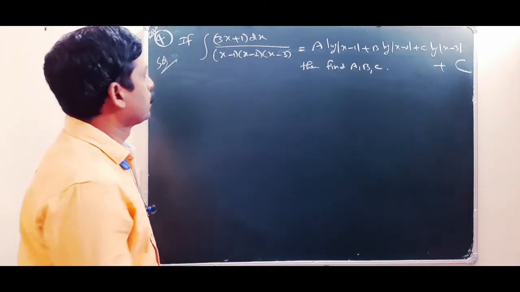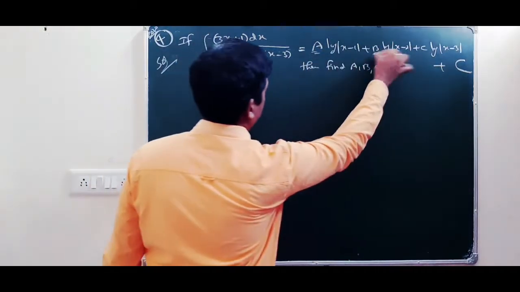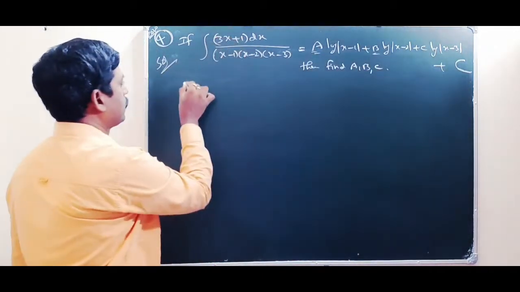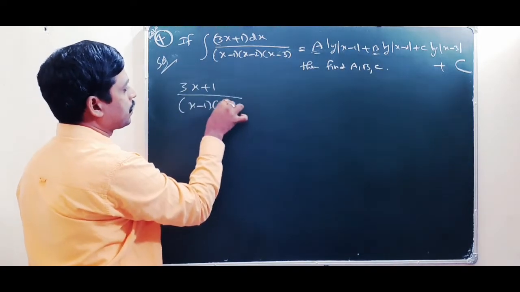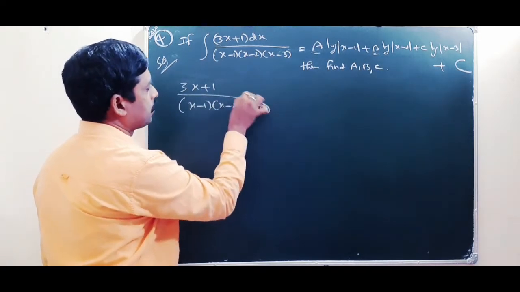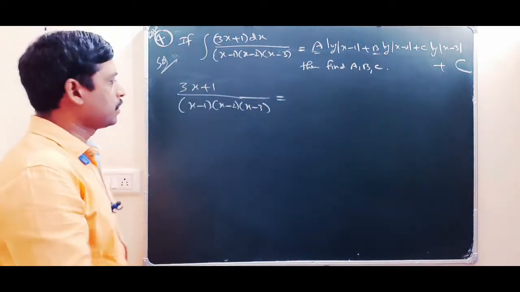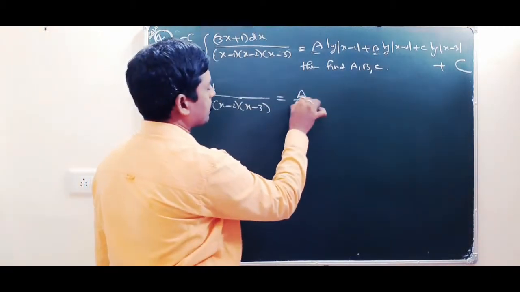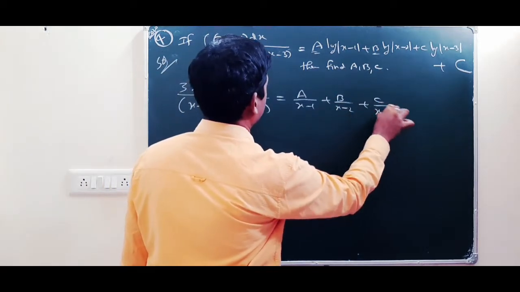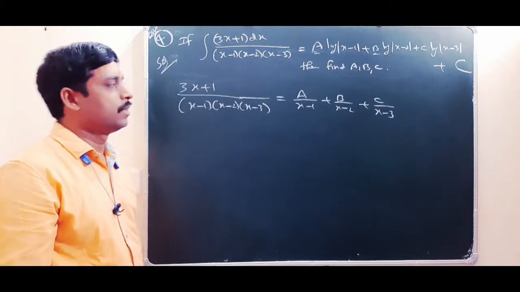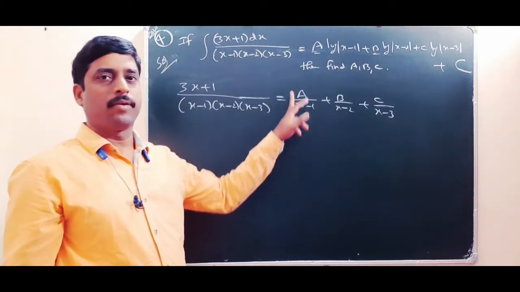First we have to find a, b, c values. 3x plus 1 by x minus 1 into x minus 2 into x minus 3 can be written as a by x minus 1 plus b by x minus 2 plus c by x minus 3. Now, first we have to find a value.